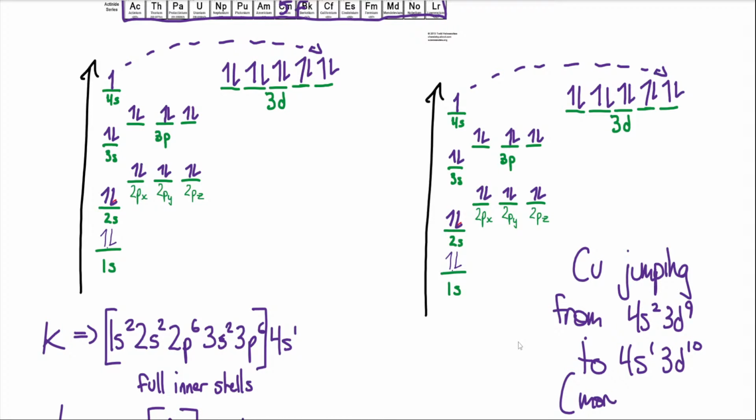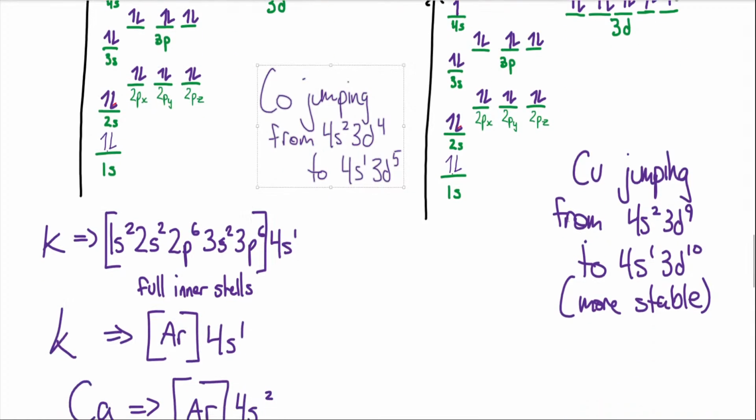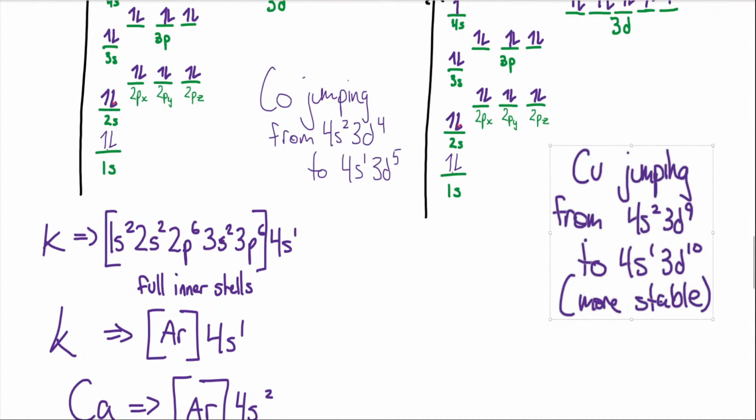Which is more stable. And you should be able to say it's Hund's rule that says that this is more stable. Okay. And then this is cobalt. Cobalt jumping from 4s2 3d4 to, no, 4s1 3d5. Okay, cool.